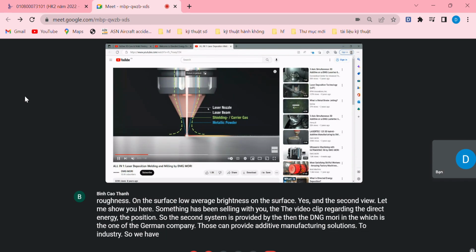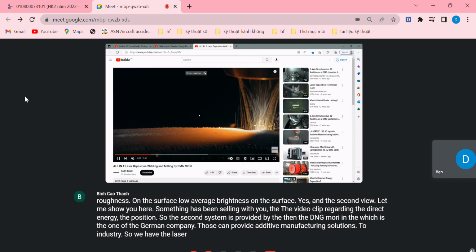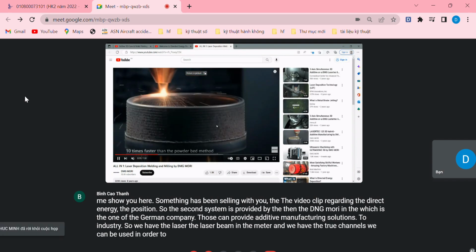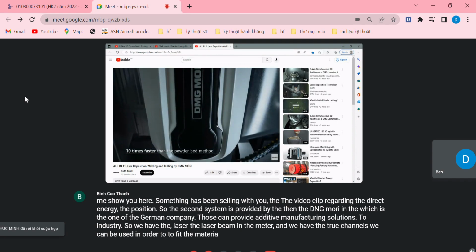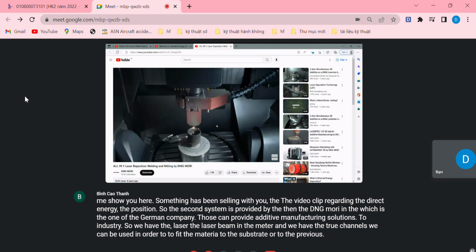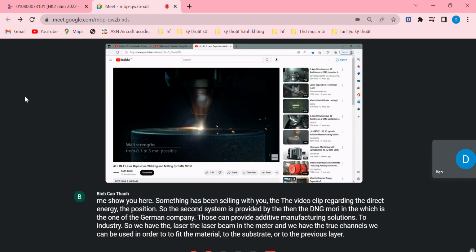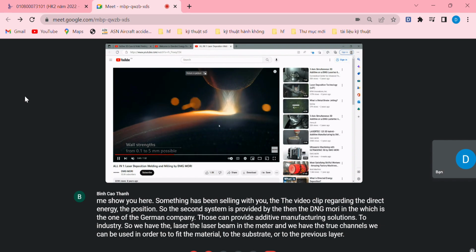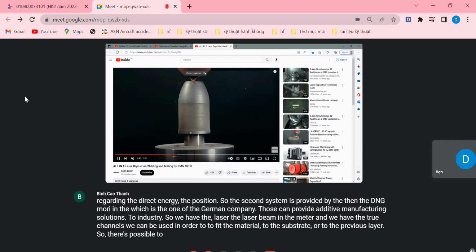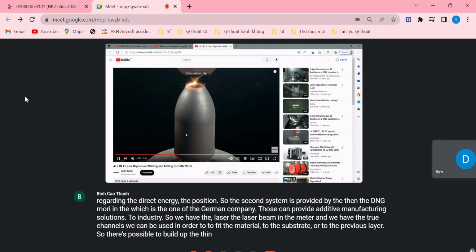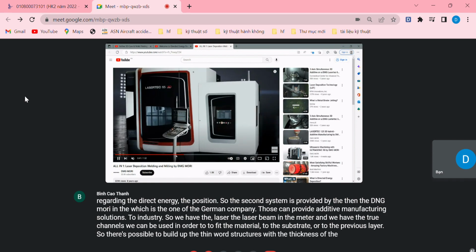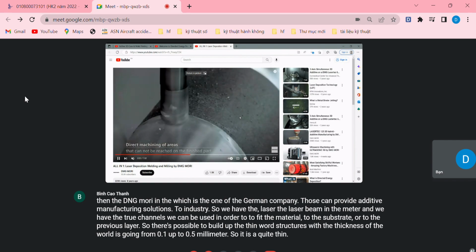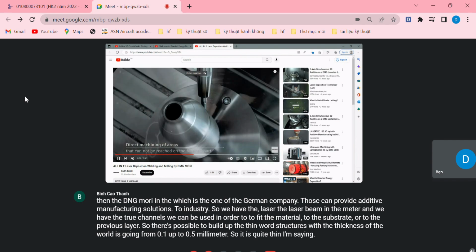We have the laser beam in the middle, and two channels which can be used to feed the material to the substrate or to the previous layer. It's possible to build up thin-walled structures with a wall thickness ranging from 0.1 up to 0.5 millimeters. So it is quite thin, I would say, as introduced by the video.